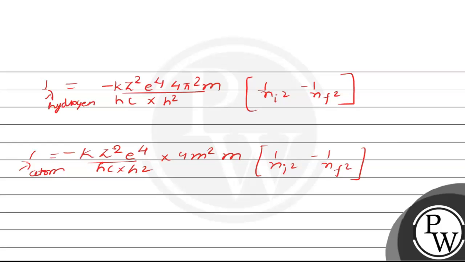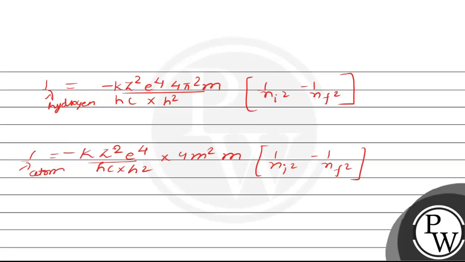So students, यहाँ से हम देख सकते हैं that Z represents the atomic number of that atom. Atomic number of both the atoms is 1, so this K will be the same, and the Z square term will be the same. Now this e represents the charge on the positron in this atom, whereas in hydrogen this e represents the charge on the electron.